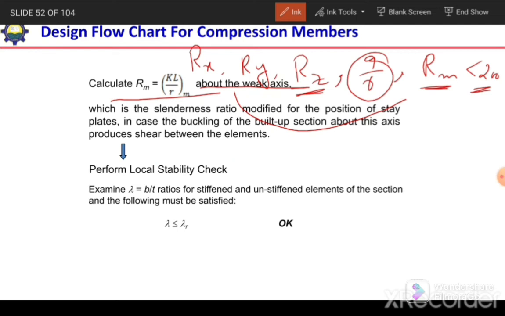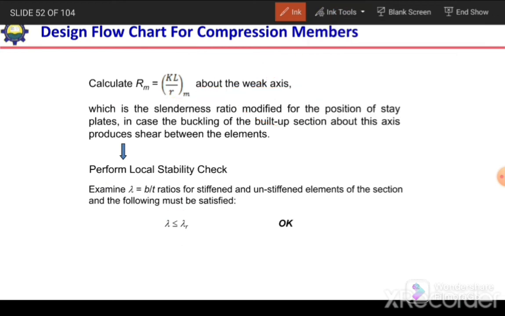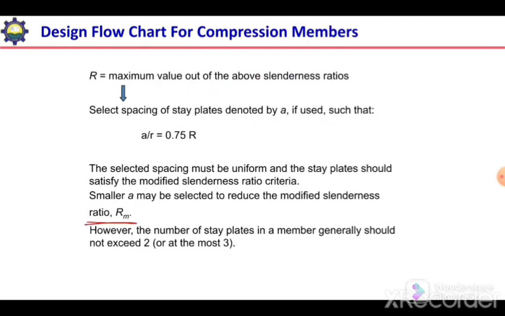Then after performing the global instability check, we need to go for the local instability check. So the remaining procedure will remain the same. Only in case of a built up section, if we are using stay plates, we need to do this exercise. First we need to decide the spacing between the tie plates or stay plates, and then we need to calculate the modified slenderness ratio.